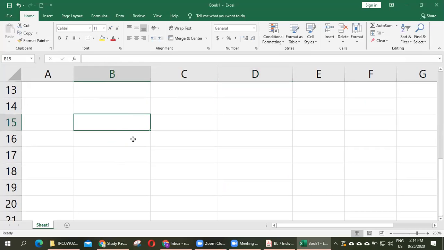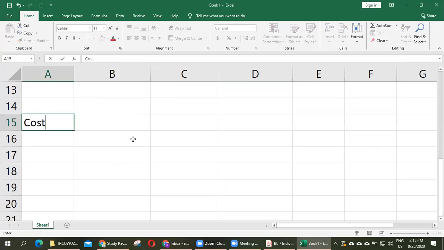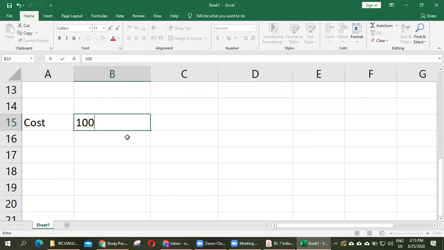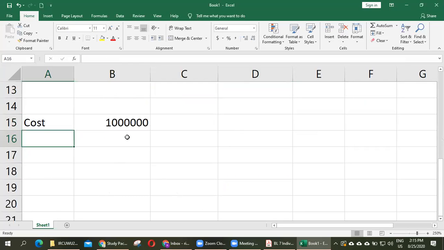Here, say the cost of the asset, how much in this example? 1 million. The cost of the asset is 1 million. It has been used for 3 years.